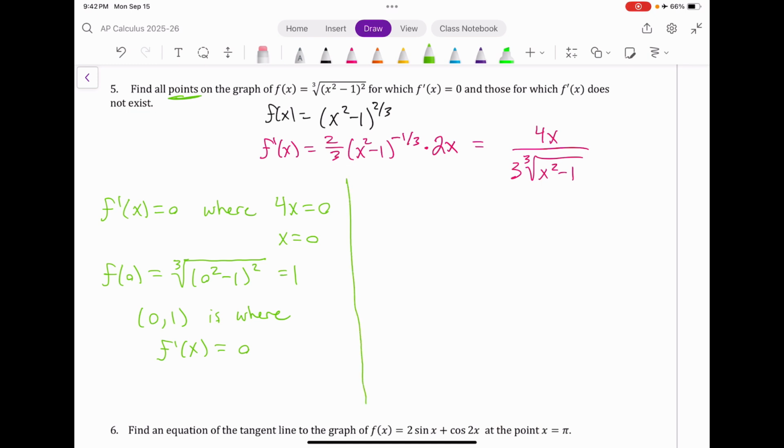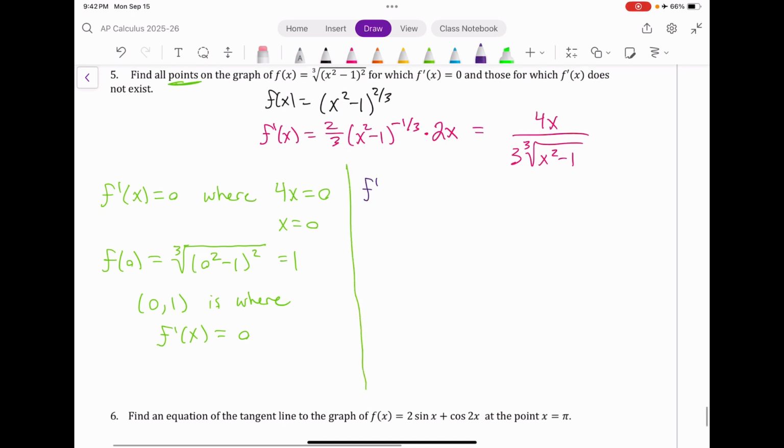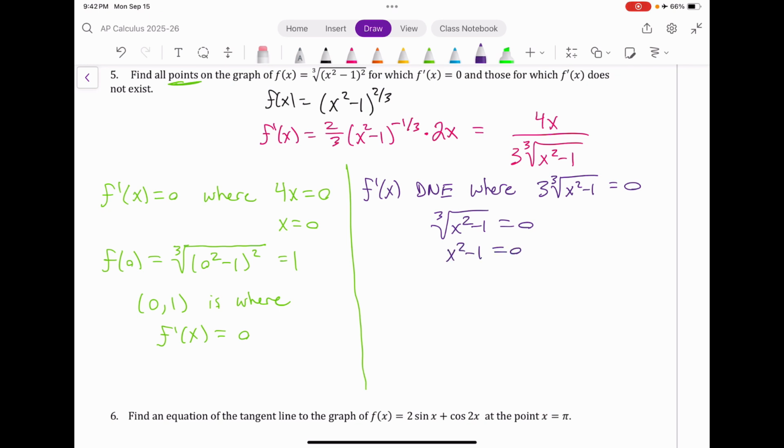Okay, and what else do we want to find? We want to find where the derivative doesn't exist. So the derivative does not exist where the denominator equals 0. So we want to solve that. If we divide both sides by 3, we'll have this. And then if we cube both sides, we'll have this. And so x has to equal plus or minus 1 when you solve that.